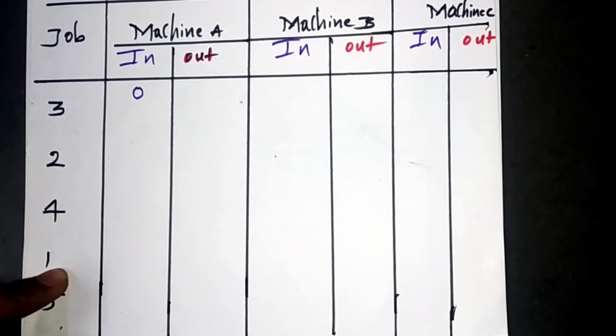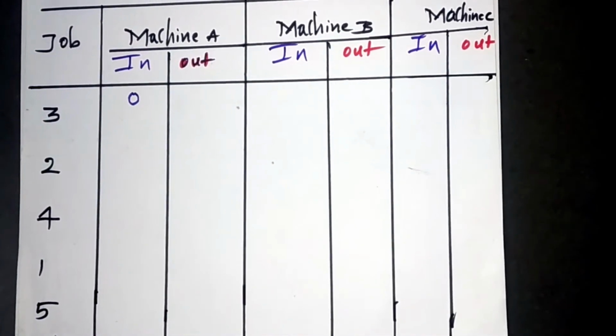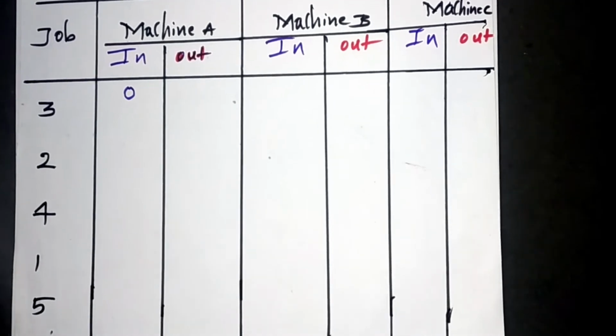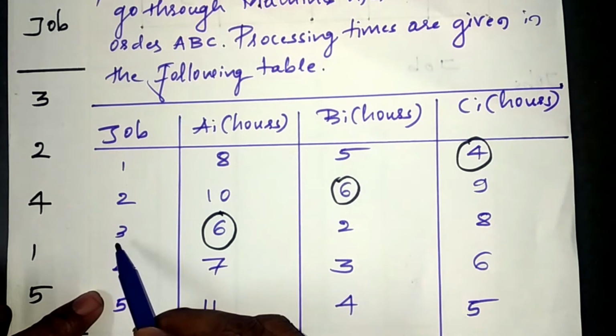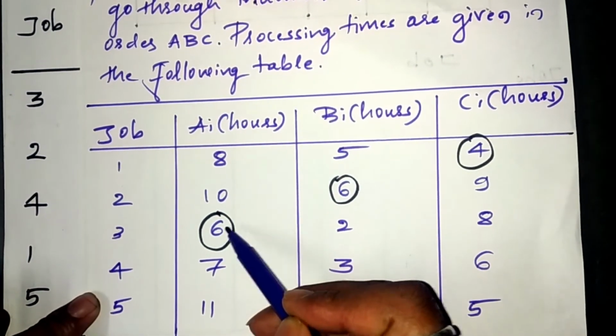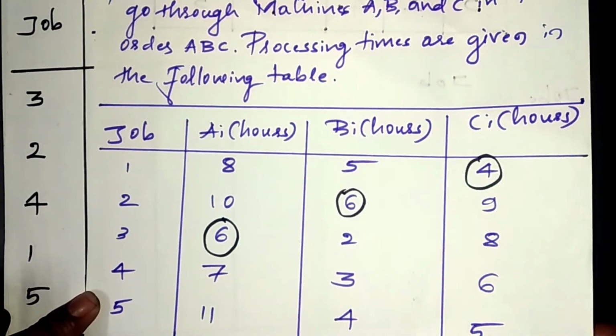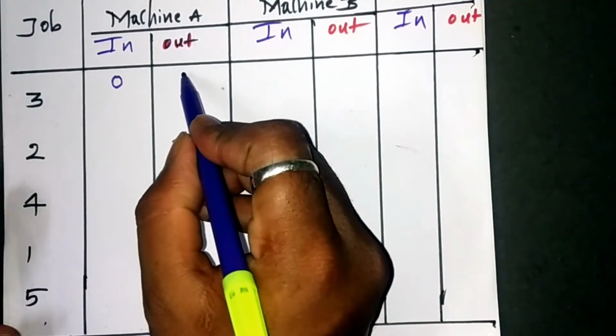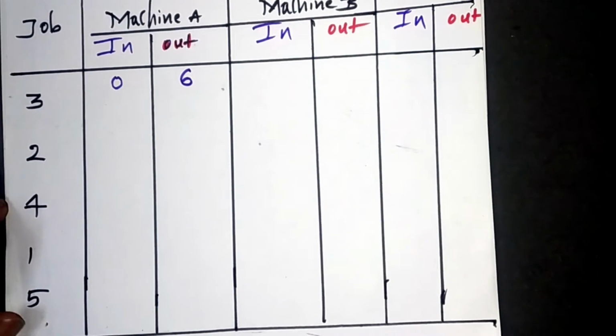Job number 3 on machine A requires 6 hours. So it enters at 0 and exits at 6 hours.